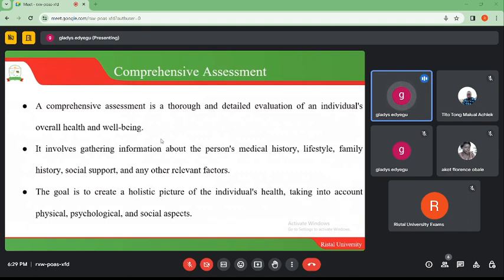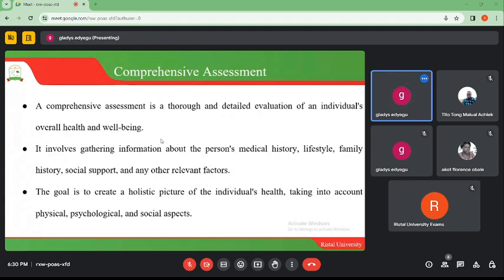You collect all that information through all those histories, and you are able to come up with one kind of condition or problem that this patient is suffering from. The goal is to create a holistic picture of the individual's health, taking into account the physical, psychological, and social aspects of your patient.